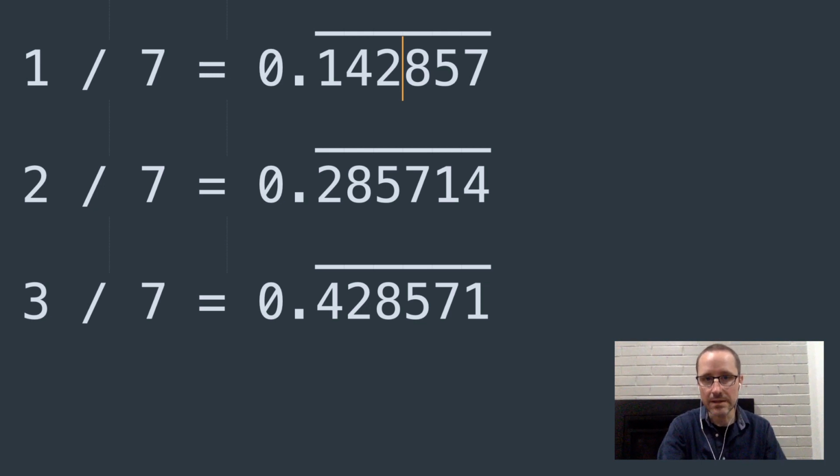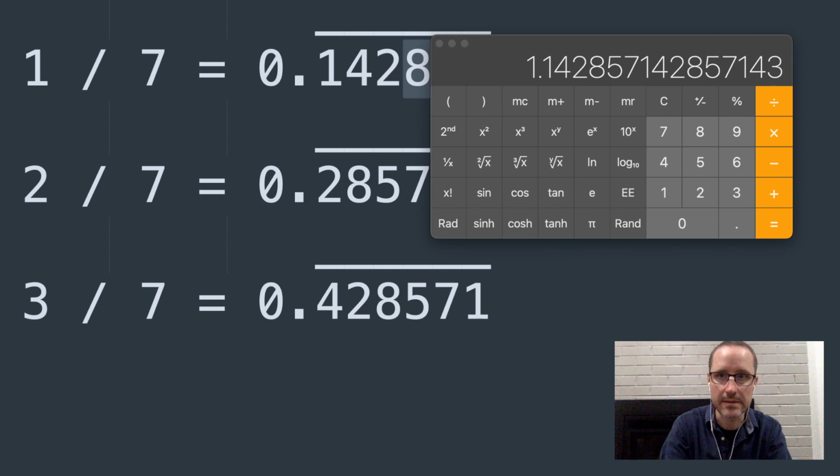So I can just tell you that I don't need to use the calculator. I could just say that 6 divided by 7 is going to be 0.857142. So let's just pull up a calculator and do it.